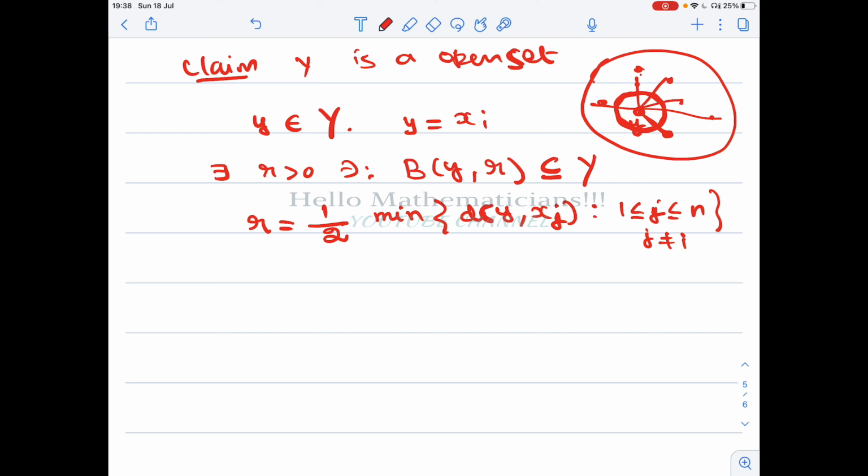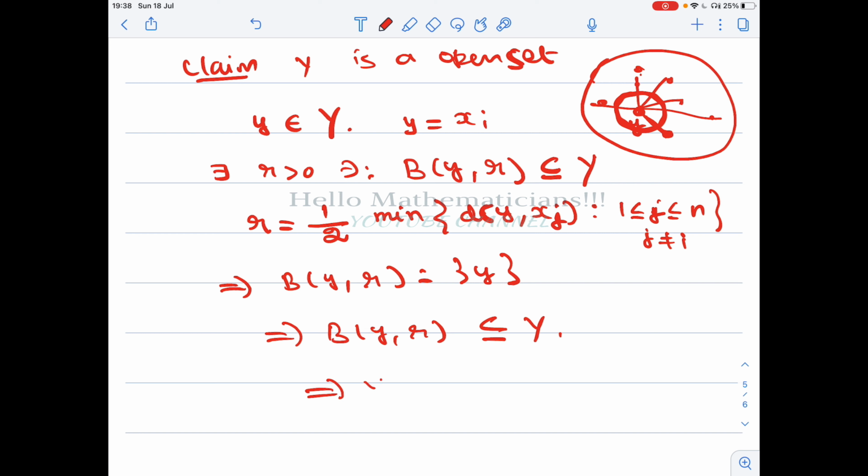Okay, so if you take this r, clearly this r is positive. This implies B(y, r) equals the singleton {y}. Since we have taken y belonging to Y, this implies that B(y, r) is a subset of Y. This implies that Y is open.